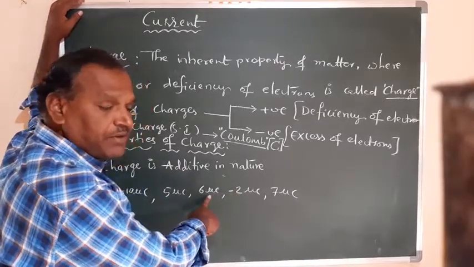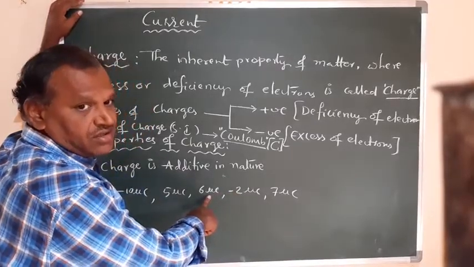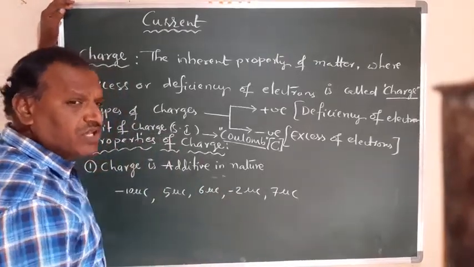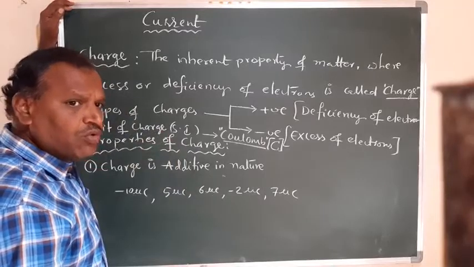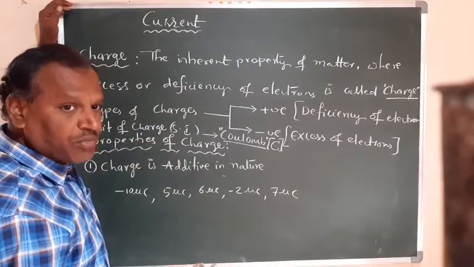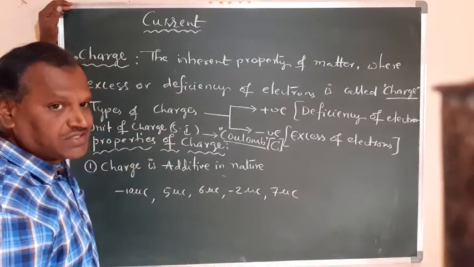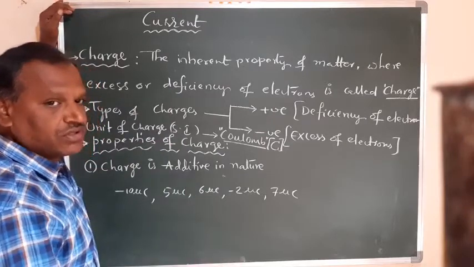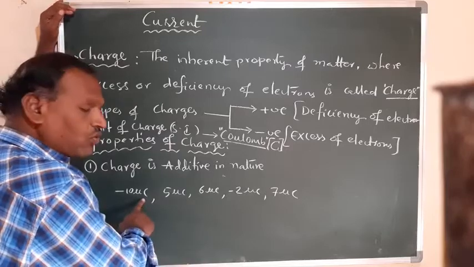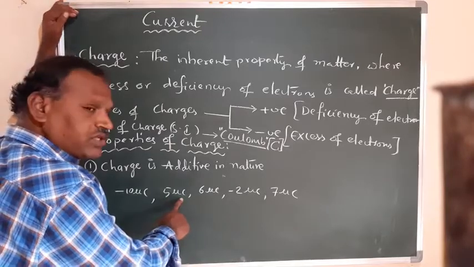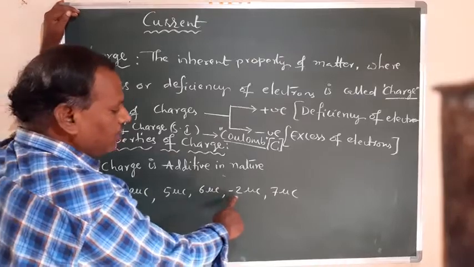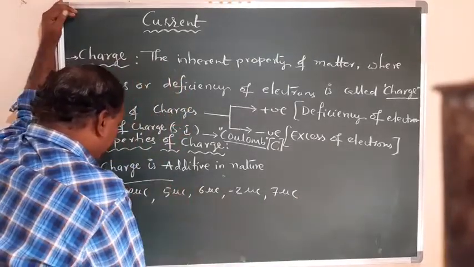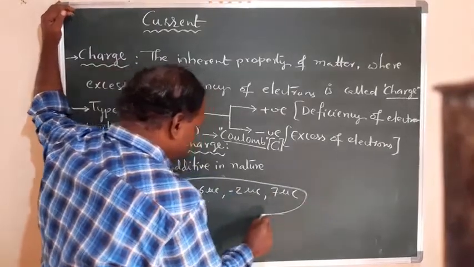Micro means 10 power minus 6. Charges are measured in very low values: millicoulomb is 10 power minus 3, microcoulomb 10 power minus 6, nano 10 power minus 9. So these 5 charges are given to an object.